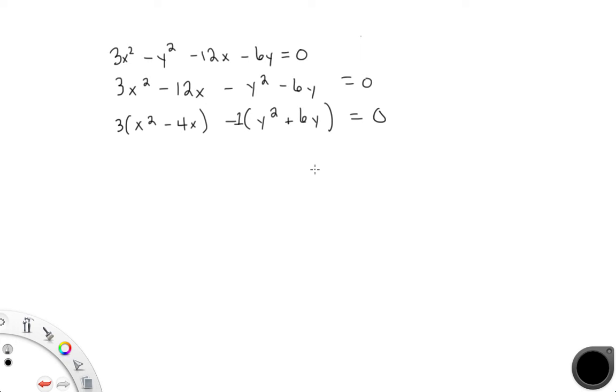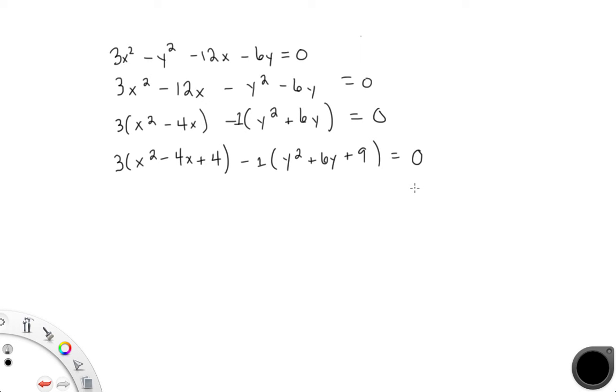Okay, now you take half of the b term inside of this little quadratic we have here, and square it. Half of this b term happens to be 2. We square that, so that means we add 4. We take half of this b term, which is 3, square it, which means we're actually adding 9.